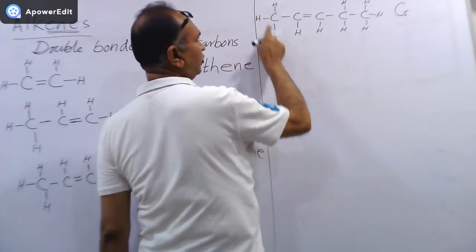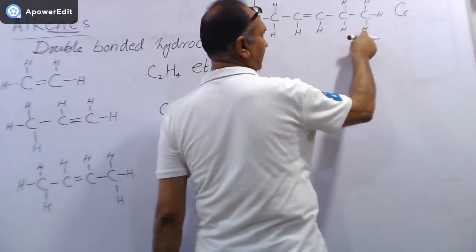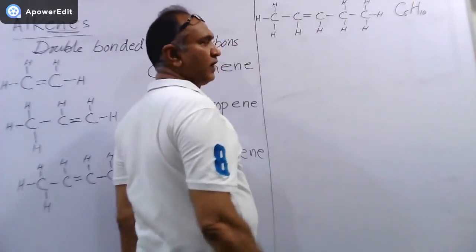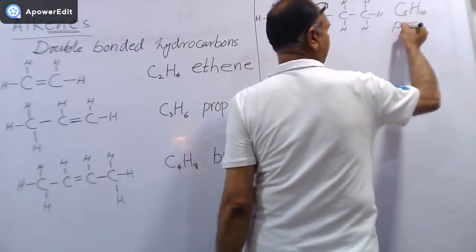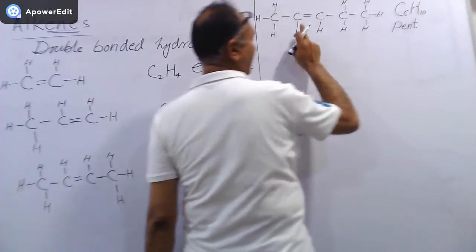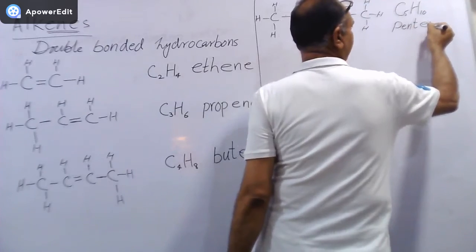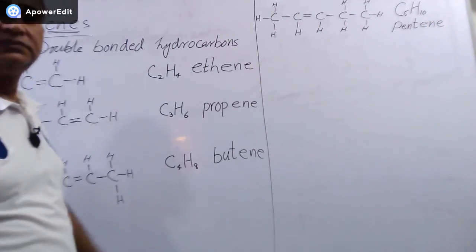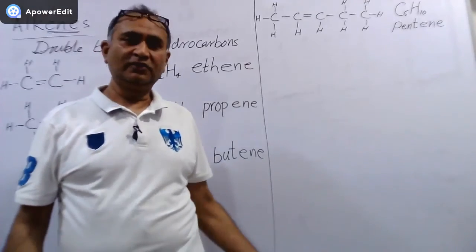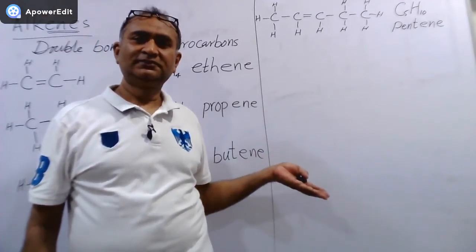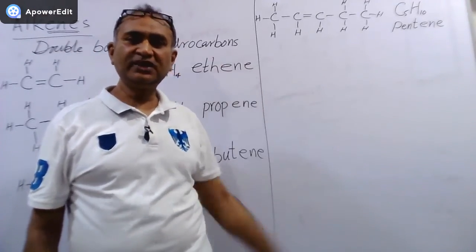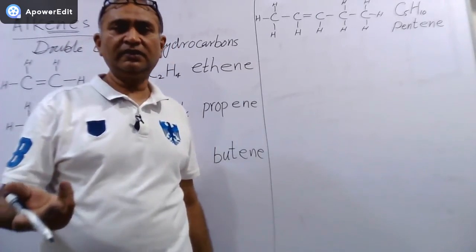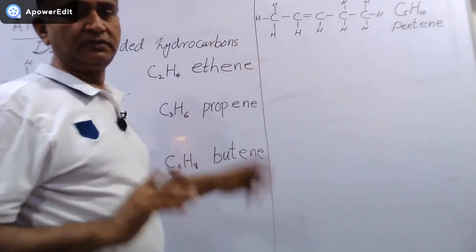And how many hydrogens? 10. 5 carbons, pent. We have a double bond, ene. So it becomes pentene. Similarly, you have to draw hexene, heptene, octene, nonene. Okay? All the remaining ones you should draw.